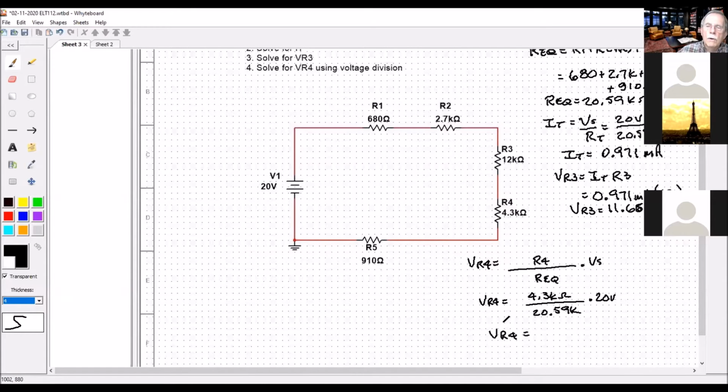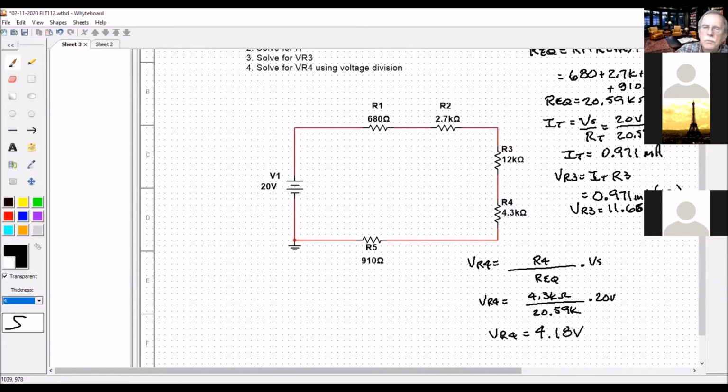So V sub R4 is 4.17 volts, 4.18 volts. Any questions on any of that? Okay, so that was a series circuit.